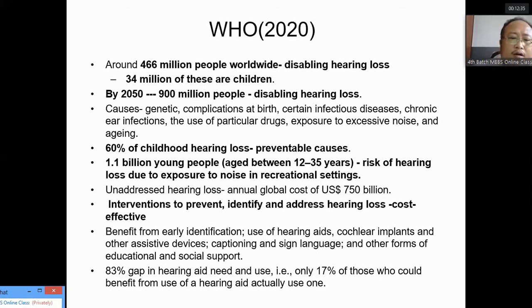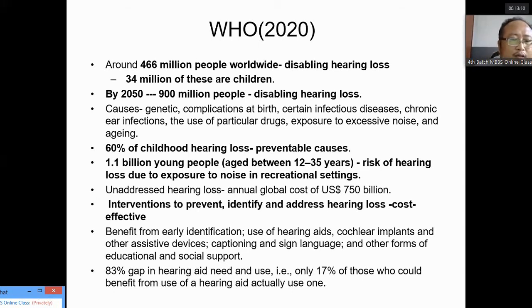And please note that about 1.1 billion young people, ranging from 12 to 25 years, are at risk of hearing loss due to exposure to noise in recreational settings. It may be a discotheque, loud music systems, concerts, or regular use of earphones, where usually young persons are attracted.